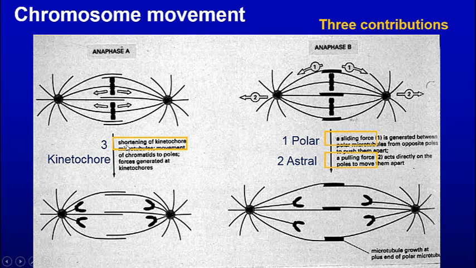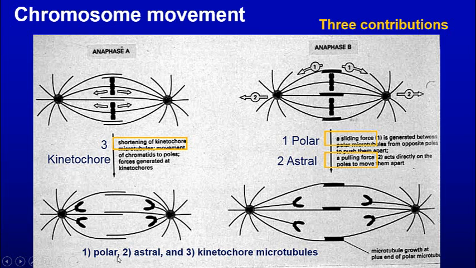And then the third part is the shortening of the kinetochore microtubules. So first, push the poles apart, pull the centrosomes apart, and then shortening of the kinetochore microtubules that brings it along. So those are the three parts of it.